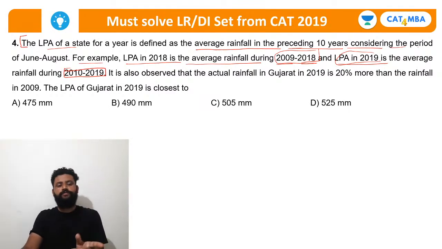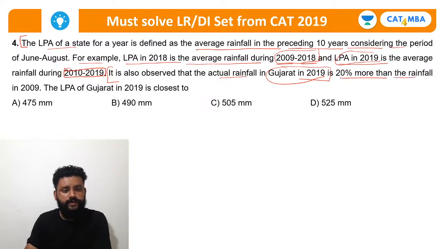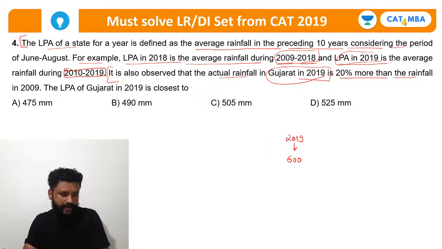So we are given the actual rainfall of 2019, and this is the deviation as compared to 2018. It is observed that the actual rainfall in Gujarat in 2019 is 20% more than the rainfall in 2009. Means, if you look at Gujarat's actual rainfall for 2019, it is 600, which is 20% more than in 2009.